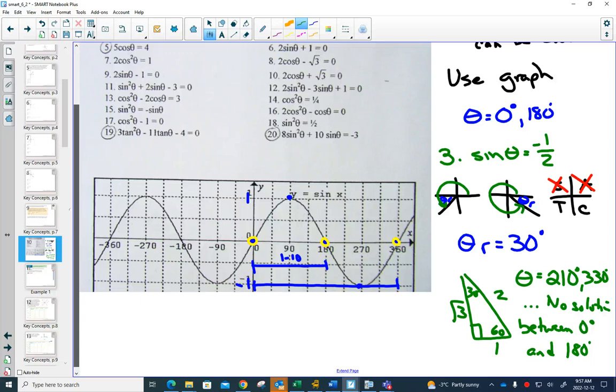So we are going to have questions that require you to know your special triangles. This is one of them. You see the 1/2, you have to know that your reference angle belongs to the 30 degrees. And once you have that, then you can use your pictures, right?